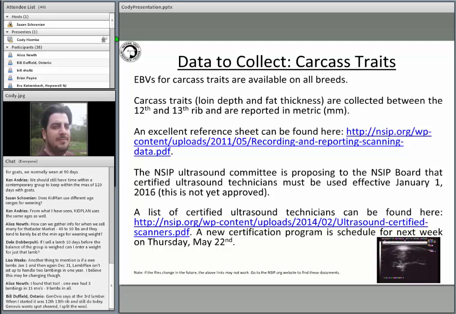You'll note there's a list of certified ultrasound technicians, and should anybody have technicians they work with that are not on this list, have them contact us. You'll notice there is a certification program a week from today at Iowa State, but we can try and set up some other opportunities if needed.